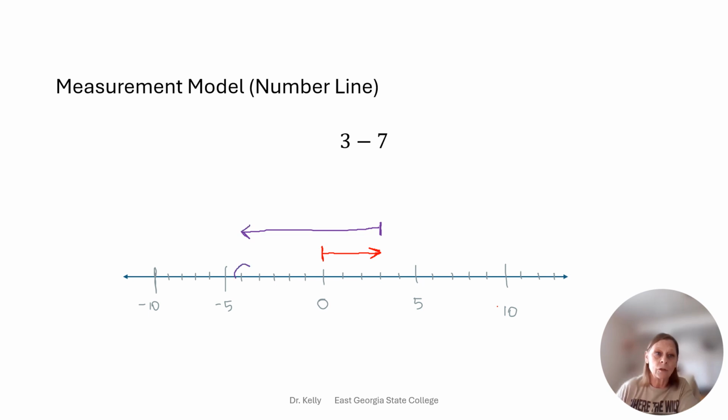And our answer falls right here, which is -4. So this was our 3 in the positive direction, and this was our -7. Now we can say 3 minus 7 is equal to -4. That would be the number line or the measurement model.